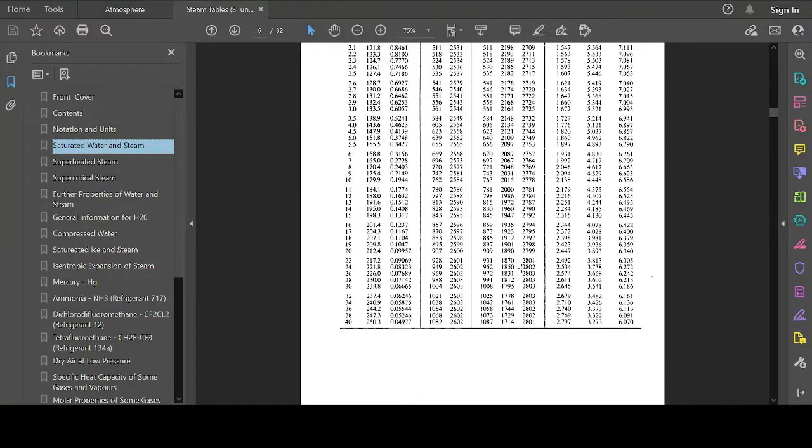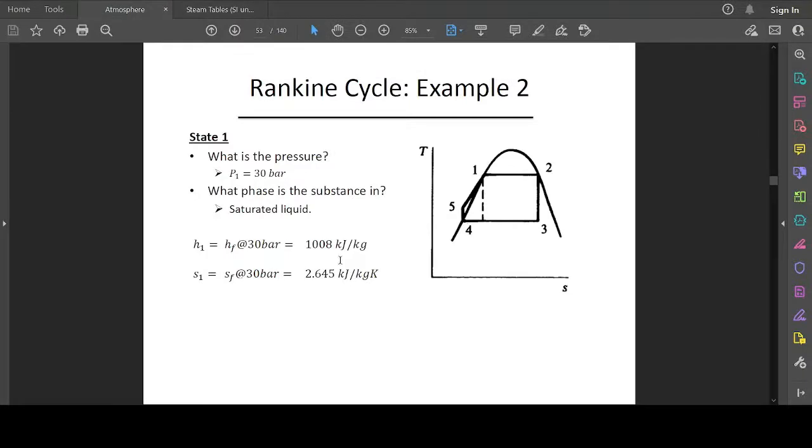But in this case, because it's a compressed liquid, we only focus on the enthalpy of the liquid and the entropy of the liquid. So at stage 2, we do a similar thing. We find stage 2 is saturated vapor only, so we read out the values of enthalpy and entropy at a pressure of 30 bar from the steam table.